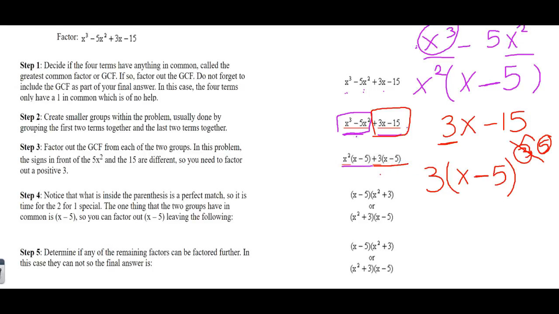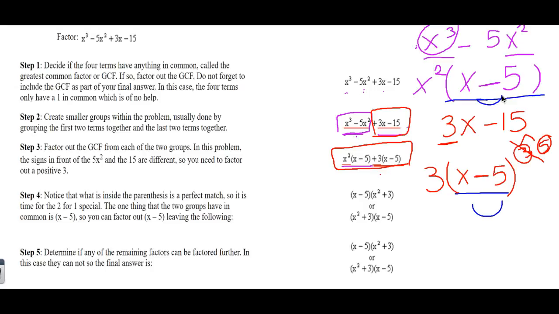Now, look carefully at the following expression that we just wrote down, right in that red box. Do you see anything in common? Whoa, that is so clear. The x minus 5 is so clear to be common in the two.